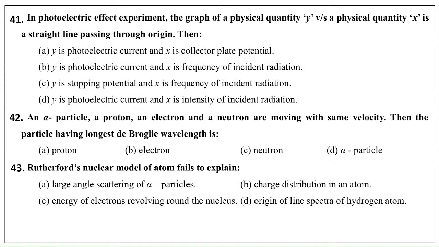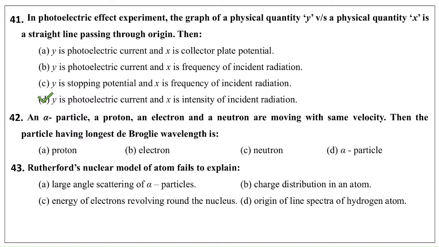Next. 41. In photoelectric effect experiment, the graph of a physical quantity, y, vs a physical quantity, x, is a straight line passing through origin. Then. Answer is D. Y is photoelectric current and x is intensity of incident radiation.